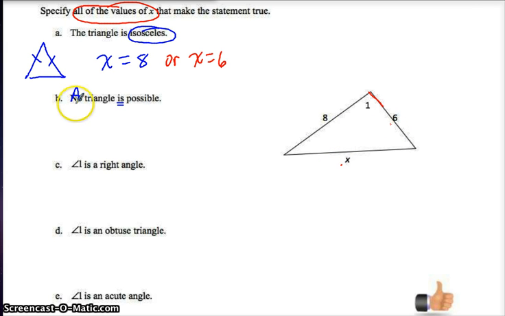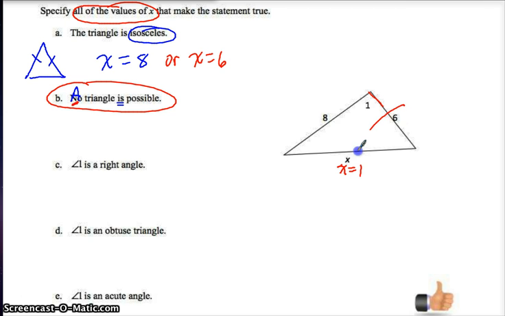Okay, what if we wanted a triangle to exist? Right? This is going back to that very first lesson we did. If we already have a side length of 8 and a side length of 6, I have to make this triangle exist. So, meaning if I made x equal to 1, could this triangle even exist?